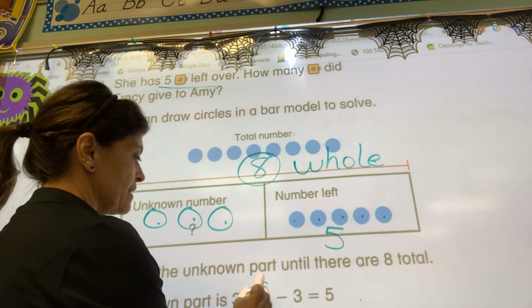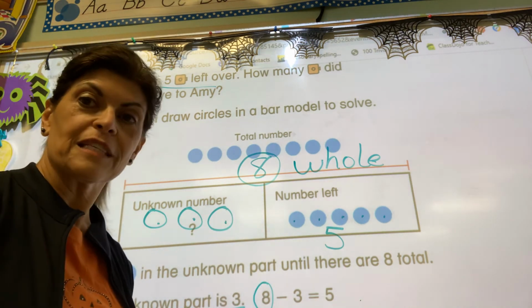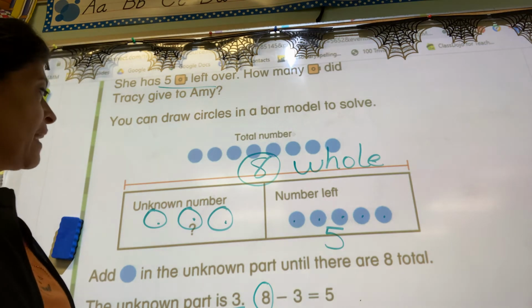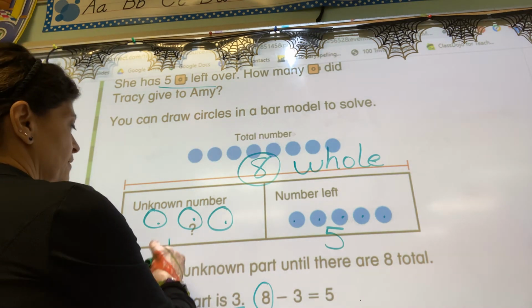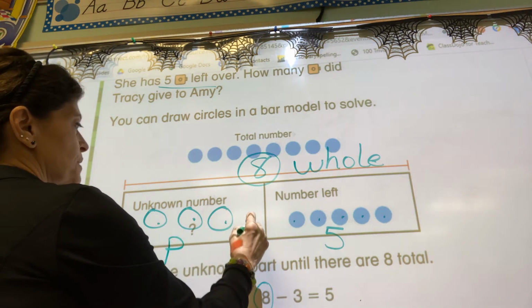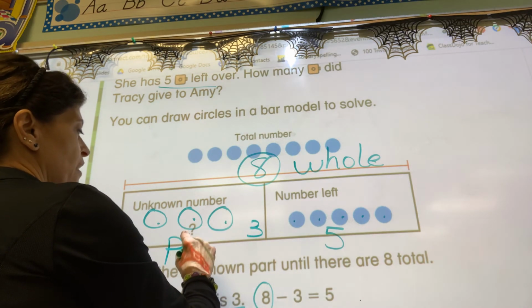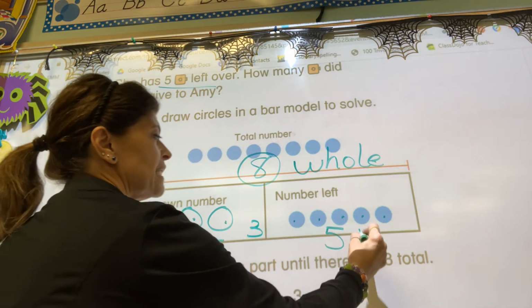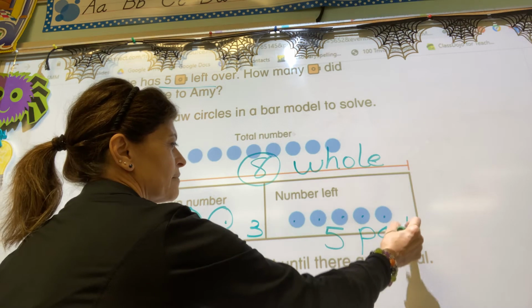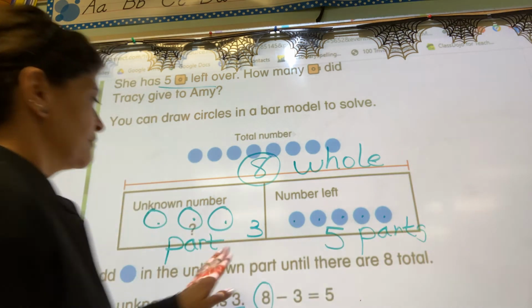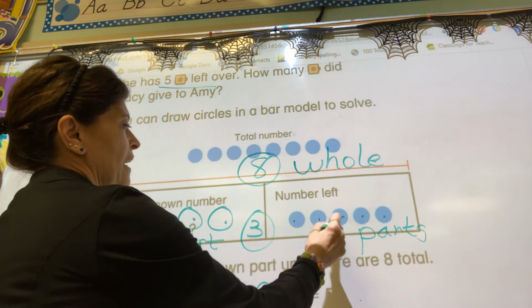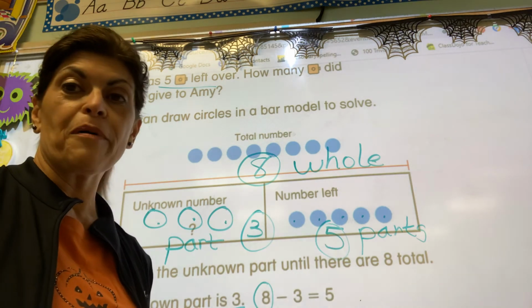And it's always the first number in your subtraction equation. And then we have one number here. This was 3, and that's 5. And what do we call these? These, that's right. Somebody said it. These are the parts. 3 and 5 are the 2 parts.